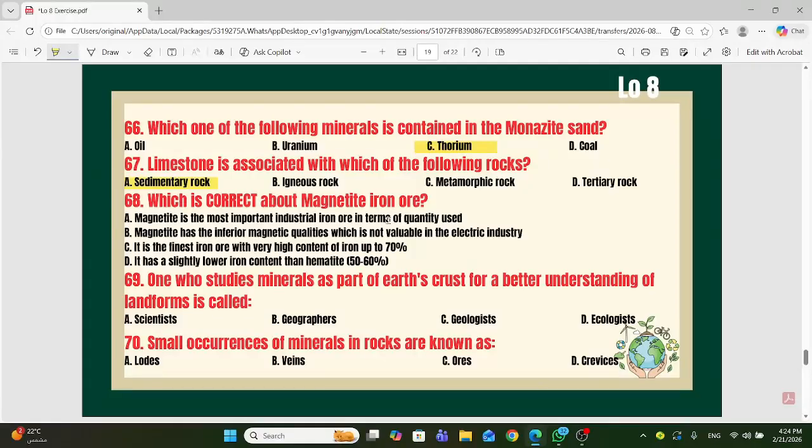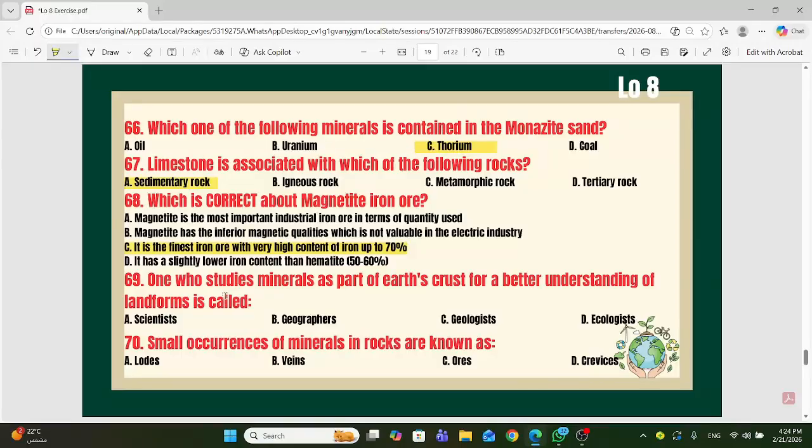It is the finest iron ore with very high content of iron, up to 70%, while it has a slightly lower iron content than hematite, 50 to 60%. No, it will be C. It is the finest iron ore with high content of iron, up to 70%.